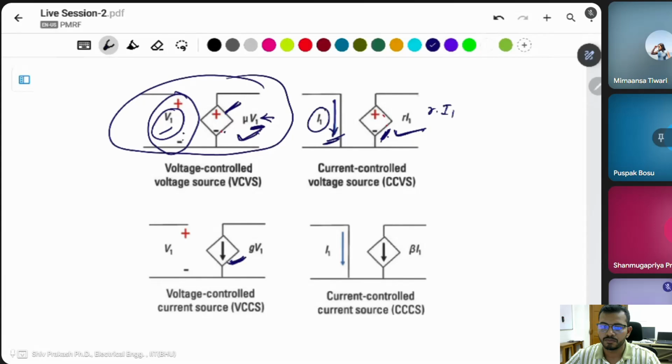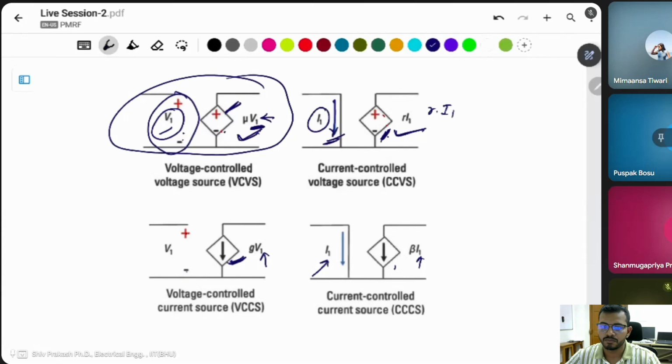But how is it controlled? From V1, the voltage at this terminal. So this structure is a voltage controlled current source, because the current source is controlled by the voltage. Same thing here: this is beta into I1, where I1 is the current flowing through this element.